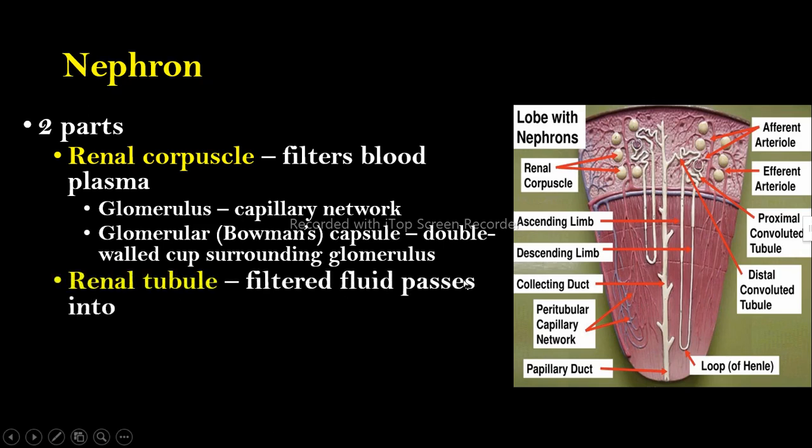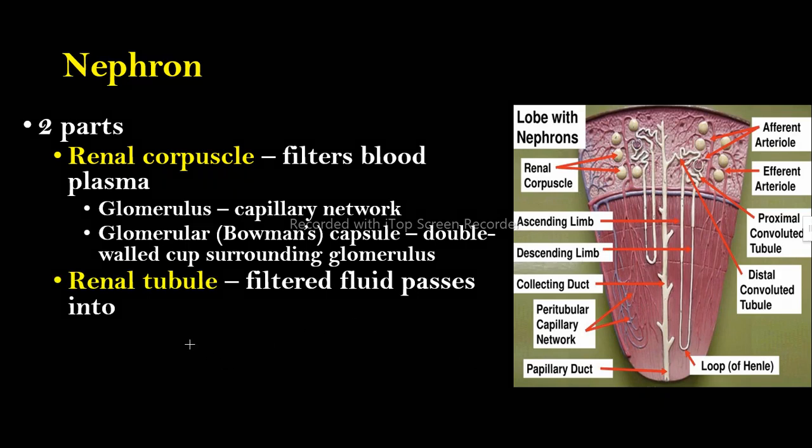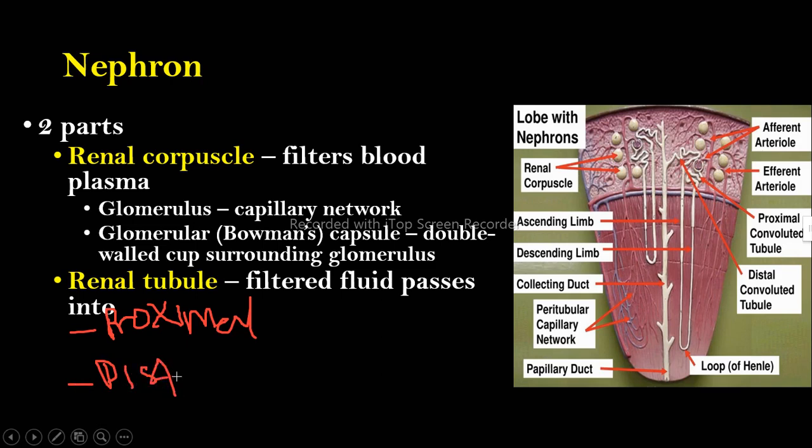Then we have the renal tubes, and here there are three, whereby you have the proximal. Now, these are just English words. And then distal. These are just English words. Now, proximal comes from proximity, which means close.